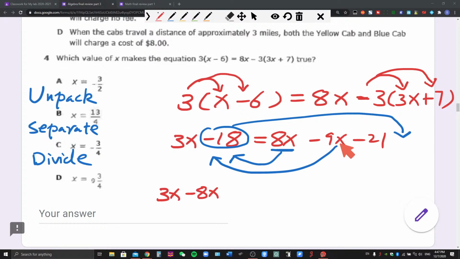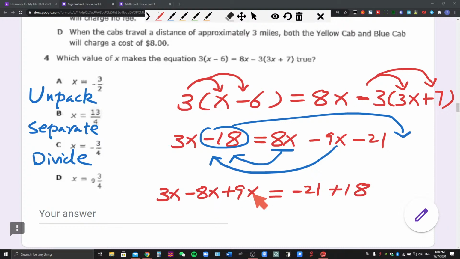And -9x moved to the other side will flip, become a +9x. Okay? And we're done with the left side. And this side, -18 moved to the right side will become a +18. So we will have a -21 plus 18.